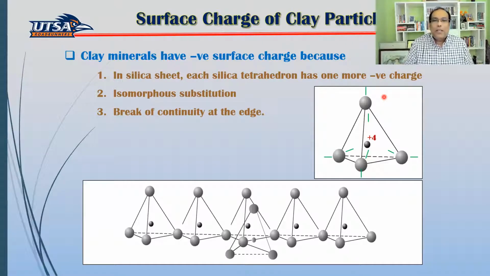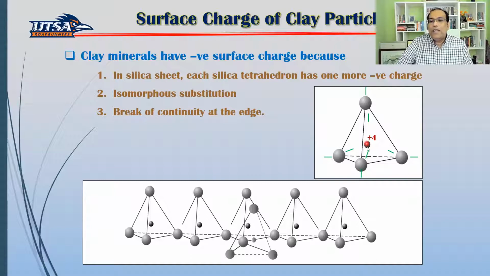Now the second thing is called isomorphous substitution, which is nothing but, let's say, changing silicon with aluminum or other metals without changing the lattice here.